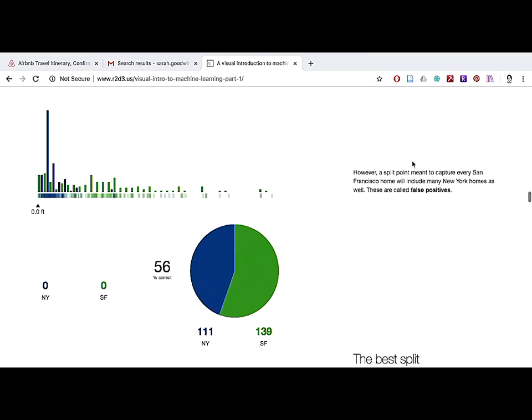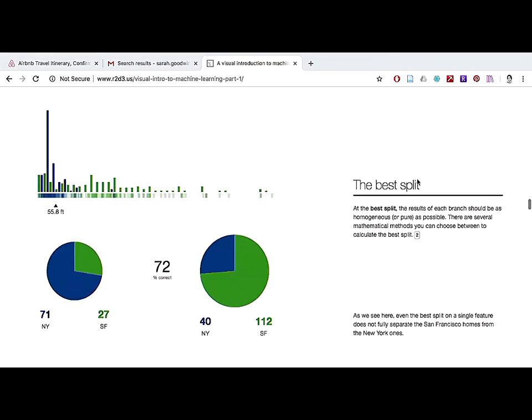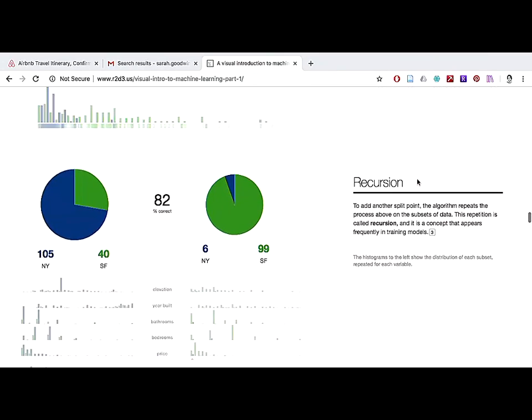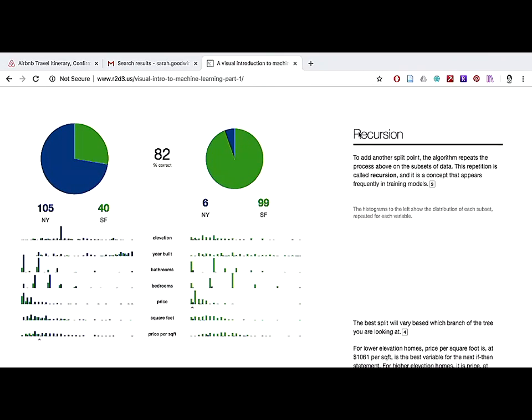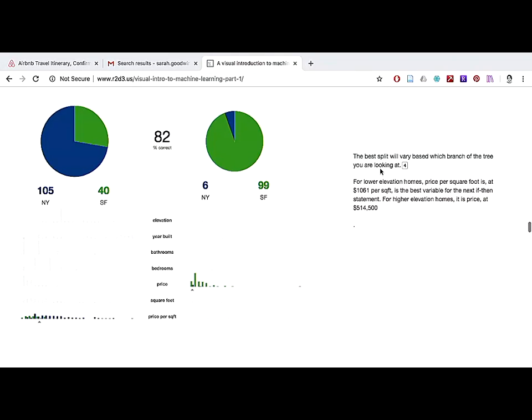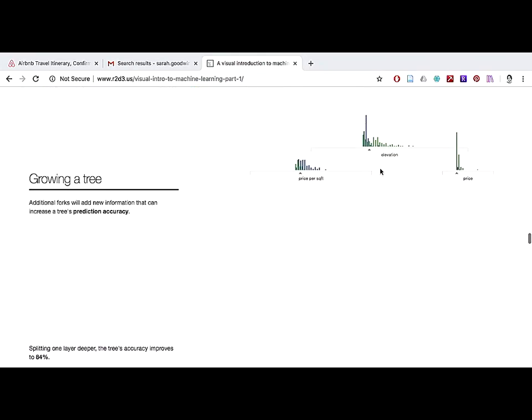Here it's talking about false positives, and we have our best split here, and we can calculate these. The algorithm calculates these based on subsets of the data, repeats the process, and tries to train on the data. Generally, we have our little tree.